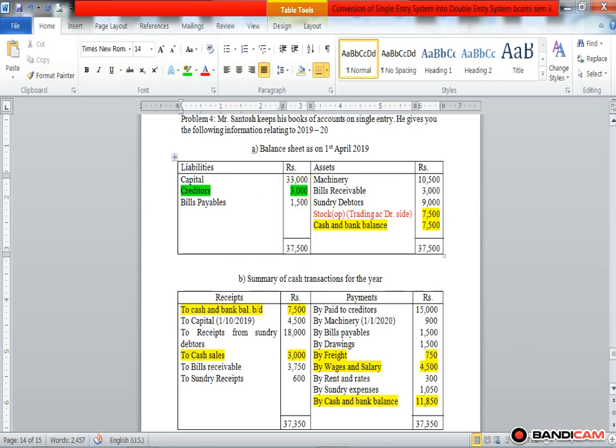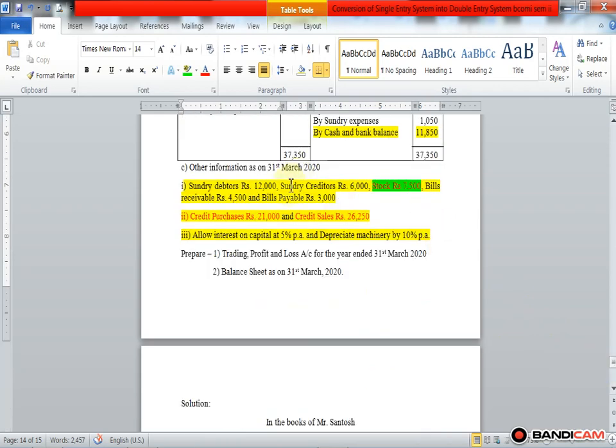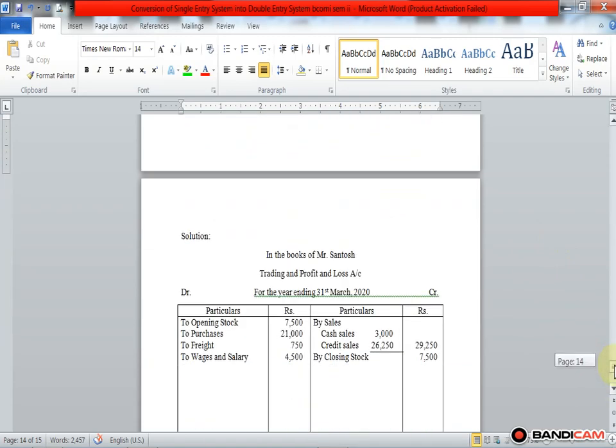Here in your adjustment, the closing balance is given: sundry creditors amounted to rupees 6,000. So only the closing balance which is given should be taken into consideration while preparing the closing balance sheet.